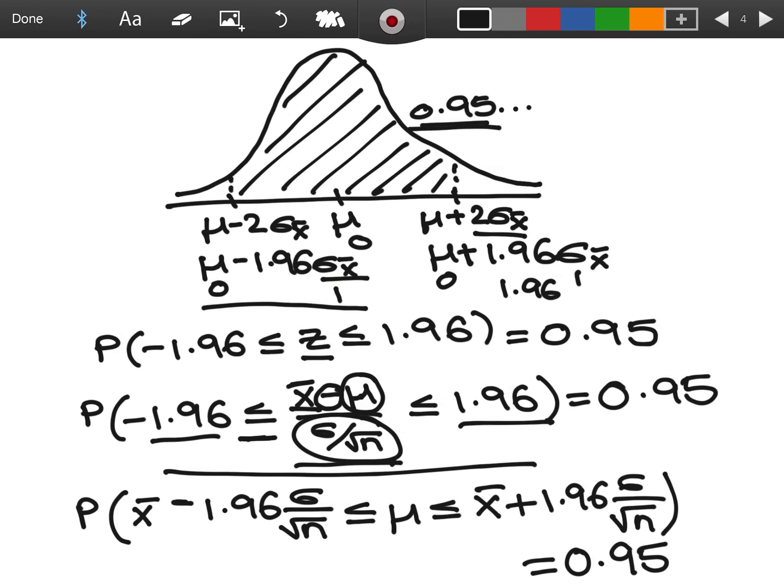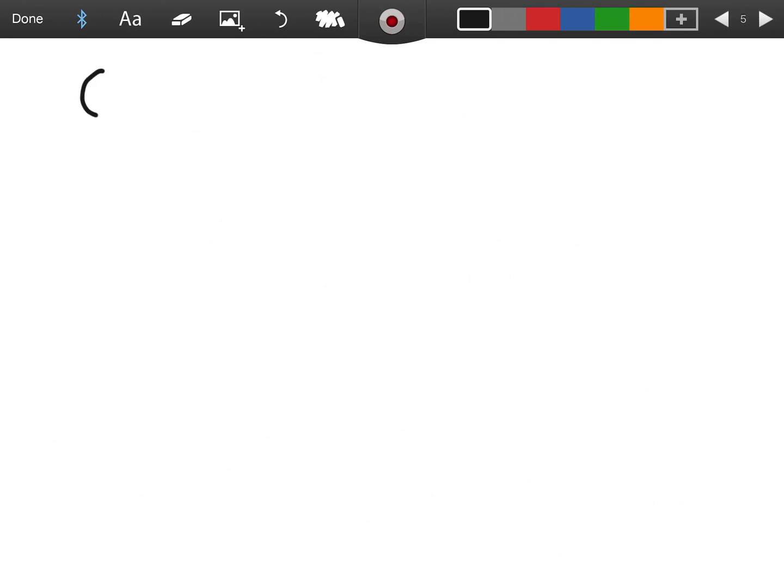So now what you can see is that there is a probability of 0.95. There is a 95% chance that my population mean lies between this value and this value. So I have a 95% chance that the population mean will fall in this interval.